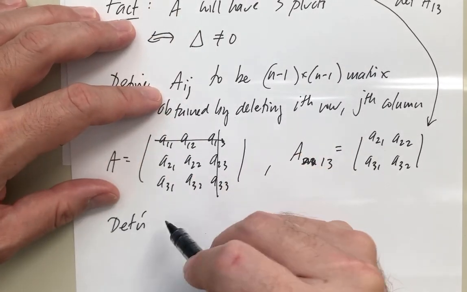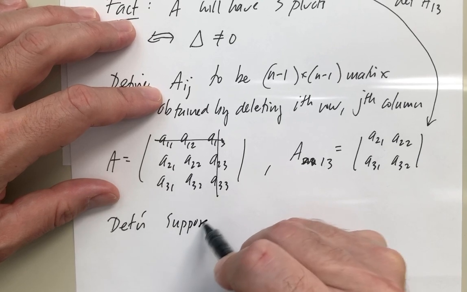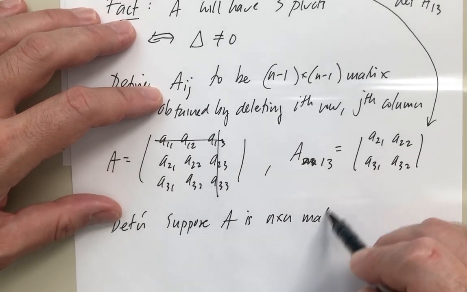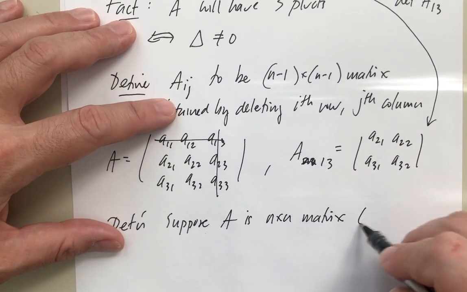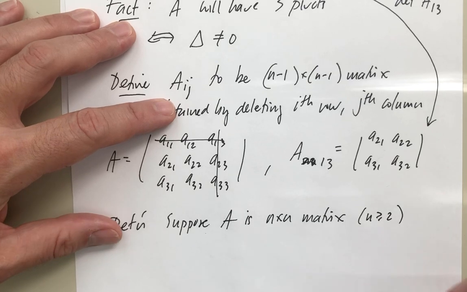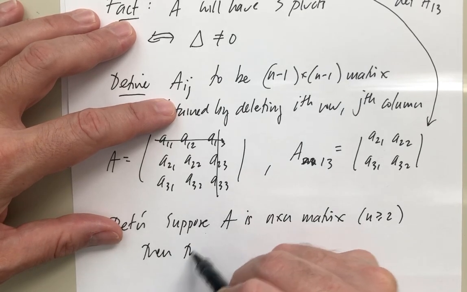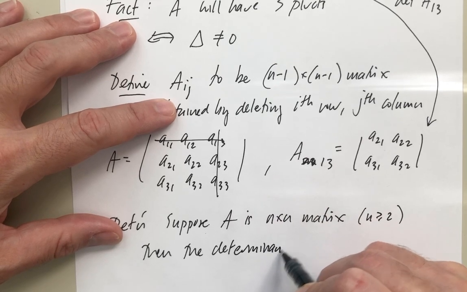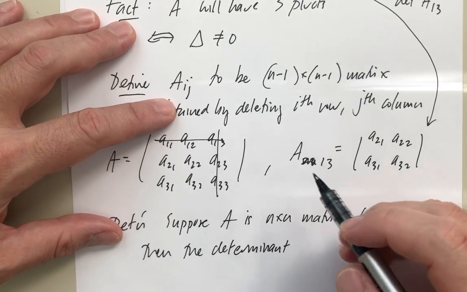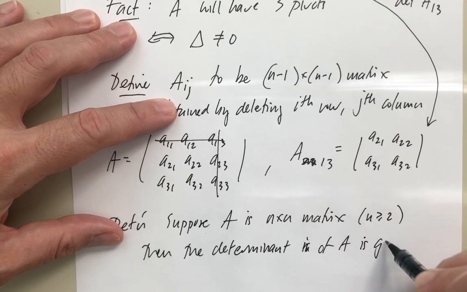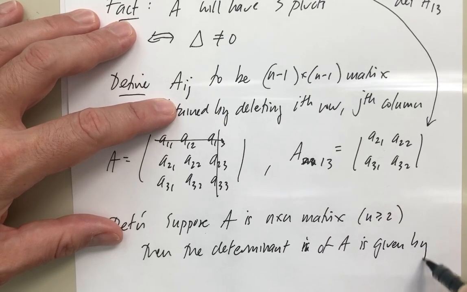Suppose A is an n by n matrix, and I suppose I should say n is bigger than or equal to 2 here. Then the determinant of A is given by, so what do I do here?